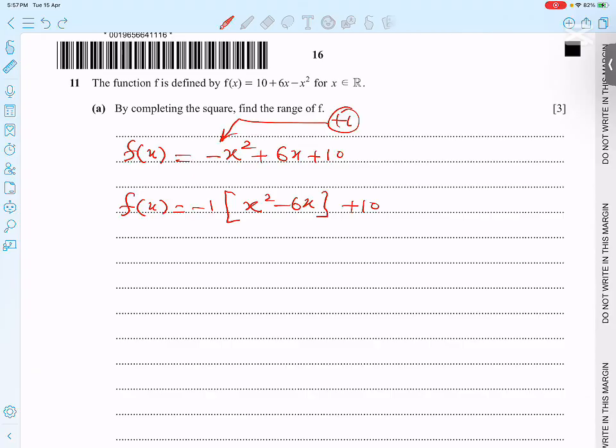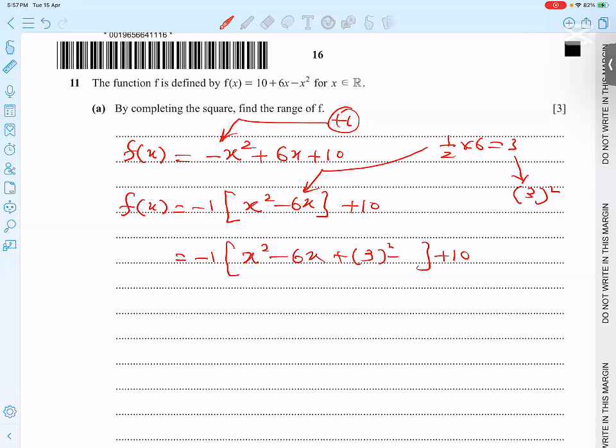After this, next step. What is half of this number? 3. So take the square of this number, and that number add and subtract, one time add and one time subtract, but make sure of the power 2.